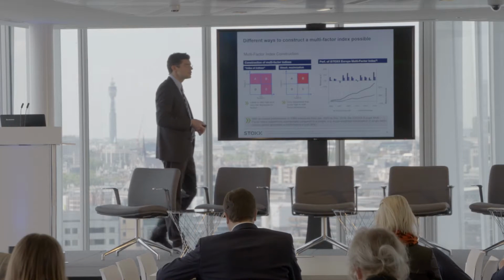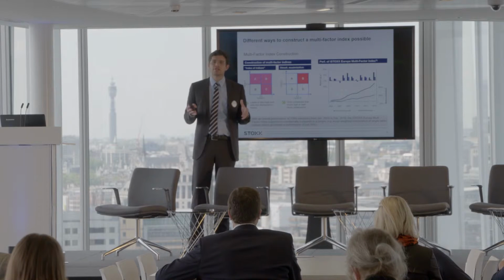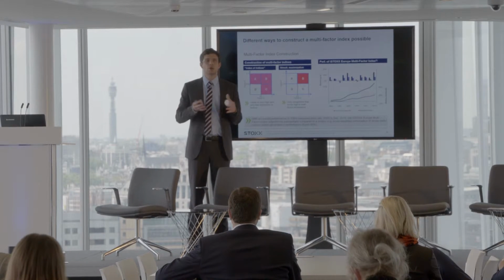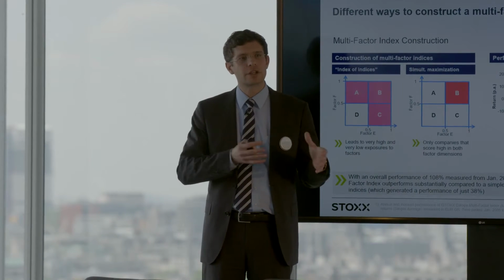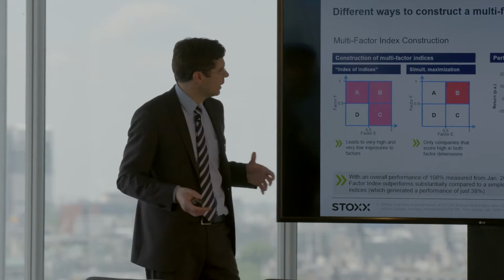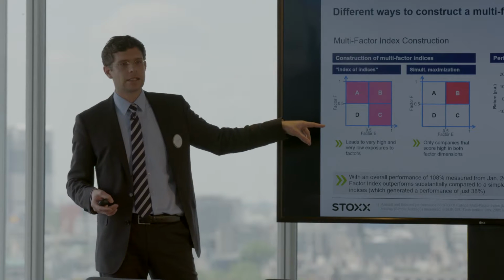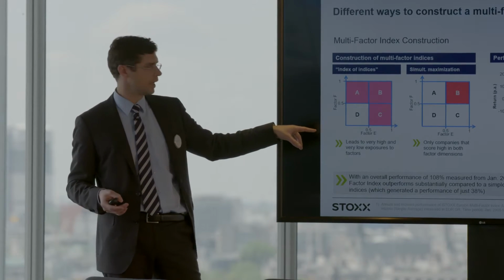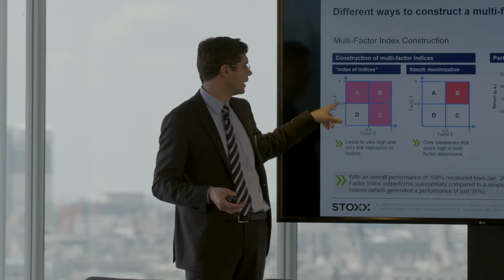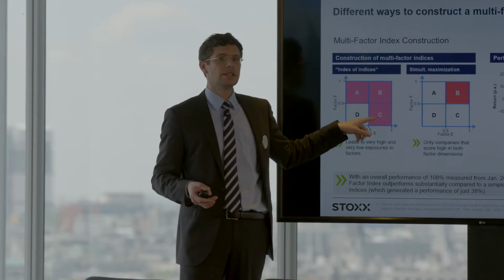However, when it comes to combining factors, it is very important to understand what happens if we combine factors in different ways. In fact, I have displayed two extremes here on the right-hand side of how we could go about combining factors. One extreme would be an index of indices approach.